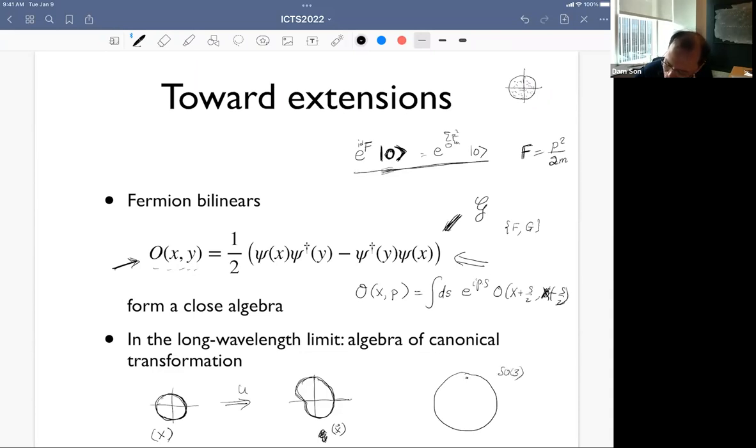This coadjoint orbit of SO(3) is a sphere, and each point in quantum theory would correspond to a spin coherent state, which is the eigenstate of the spin operator times the direction in one direction in space. So that's how it should work.